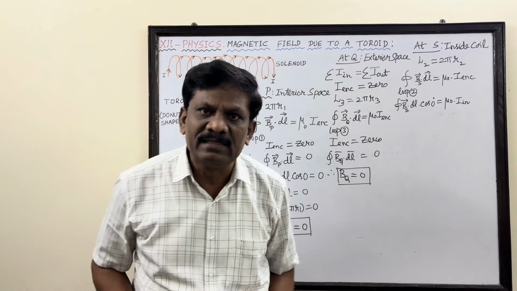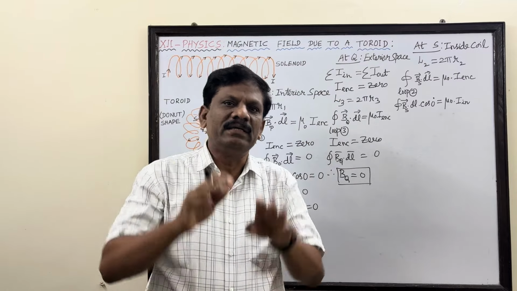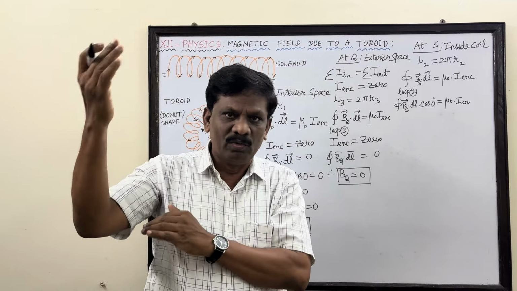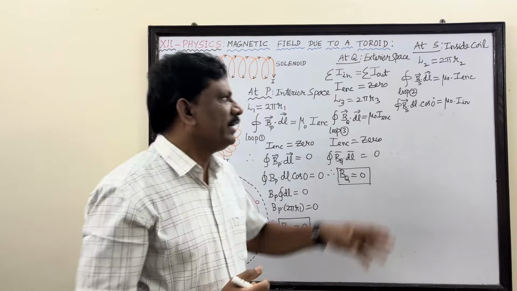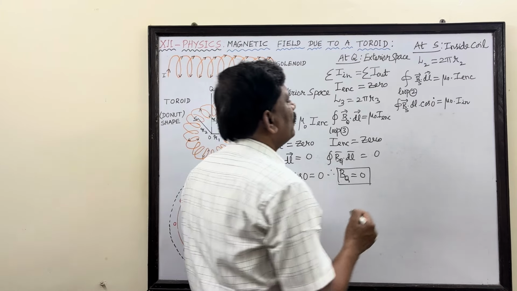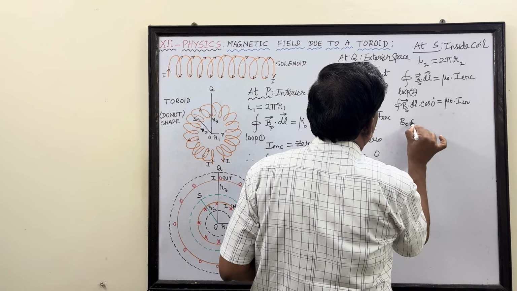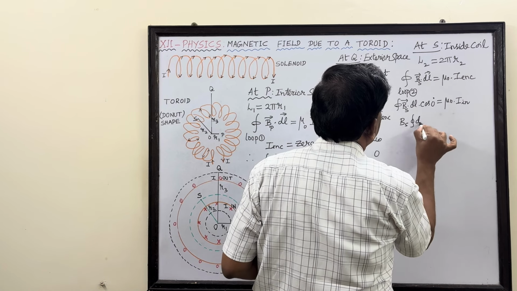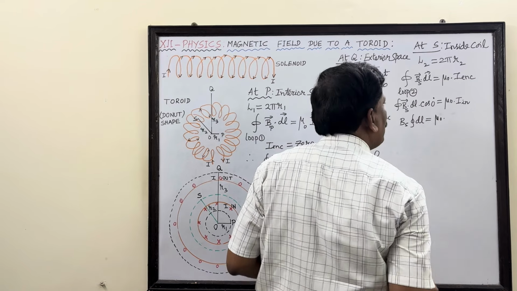Are you understanding this? Because the current which is coming out of the toroid is coming out of the Amperian loop, which we cannot consider. So, I enclosed must be equal to the sum of all the currents flowing in the inward direction only. Understand that? Okay. So, this is now equal to Bs into integral of dl, and this is equal to mu 0.